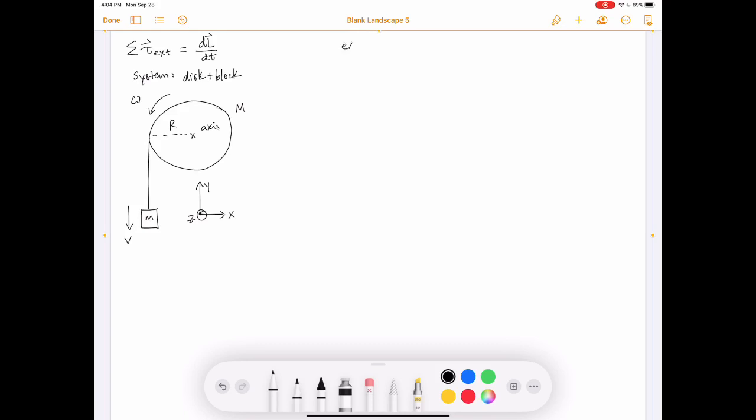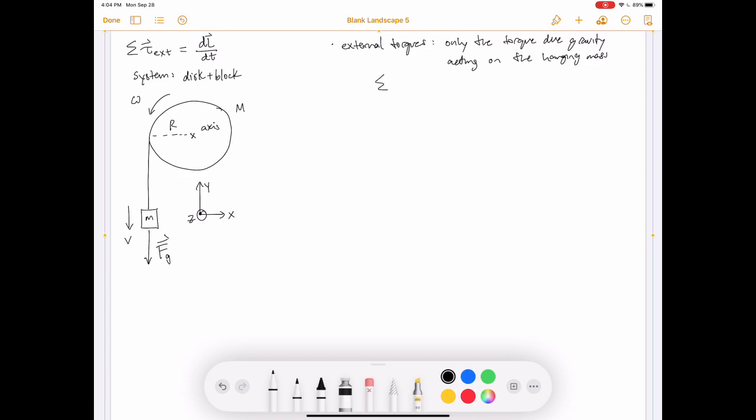Okay, so we better think about what the external torques acting on the system are. And it turns out there's only one, which is only the torque due to gravity acting on the hanging mass. So this is the force that I'm talking about, Fg, acting on the hanging mass, pointing downwards.